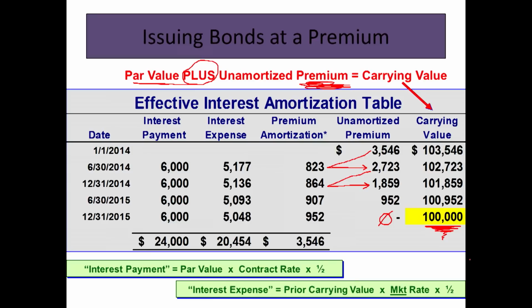You with me? So come off that for a second. With a bond sold at a discount, the carrying value started below par value and it gradually rose until they equaled. With a bond sold at a premium, the carrying value is above par value and it gradually comes down until they're equal. All right?